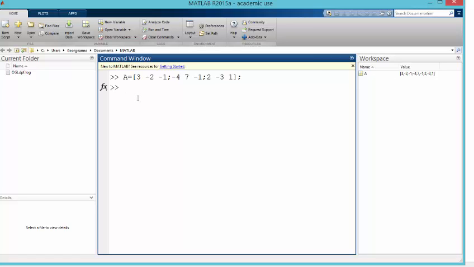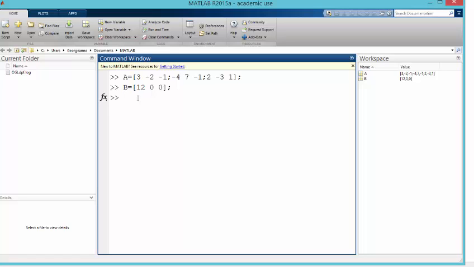Then I'm going to say the matrix B equals, and it's a vector really, 12 space 0 space 0 space 0 bracket semicolon enter. Now these are variables or constants that are now stored in the MATLAB window, but let's say I made a mistake.